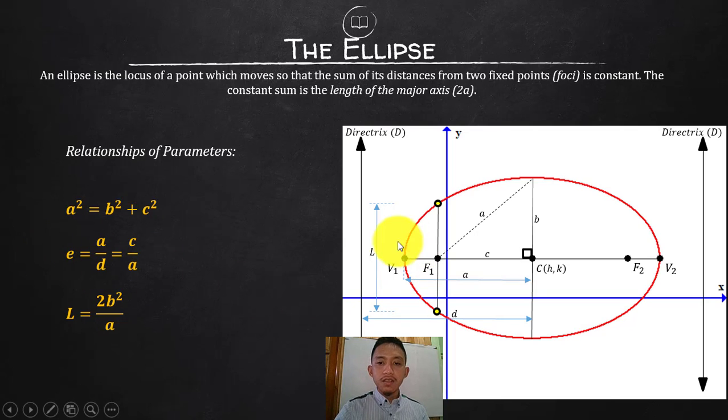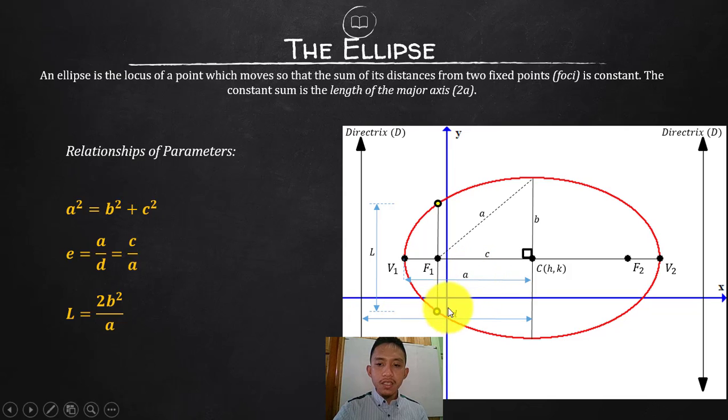Okay, so if you use the definition of a point, the ratio of distance to the focus with the directrix, which is what we call the eccentricity, you will derive that eccentricity is equivalent to A over D, the ratio of A over D. Your A is again your semi-major, and your D is your distance to the directrix.